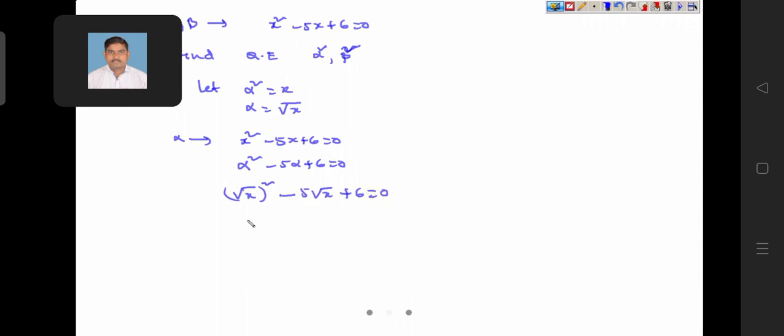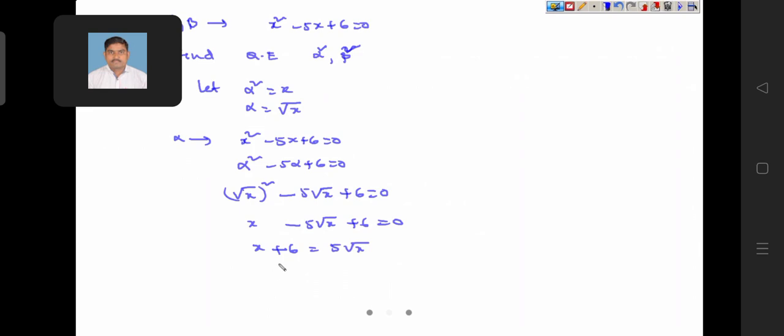(Root x) whole square means x, minus 5 root x plus 6 is equal to 0. Yes, what you are thinking? Obviously it is correct, but it is not a quadratic equation. So how can you find the quadratic equation? Here the square root term will be sent to the right side. The remaining terms, x plus 6 is equal to minus 5 root x; we send it to the right side, plus 5 root x.